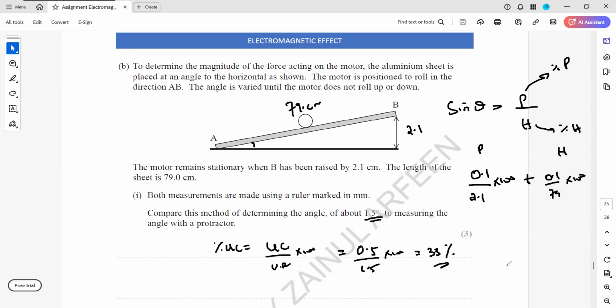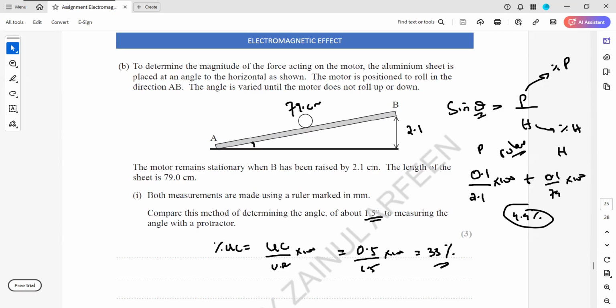So what is the total percentage uncertainty if you use a ruler instead of a protractor? The total is about 4.9%. When we are using a ruler and a ratio to find the angle, the percentage uncertainty is about 4.9%.